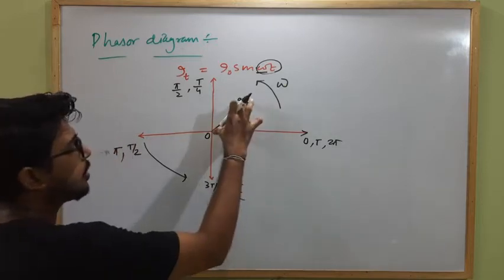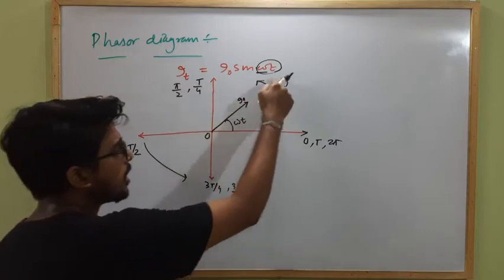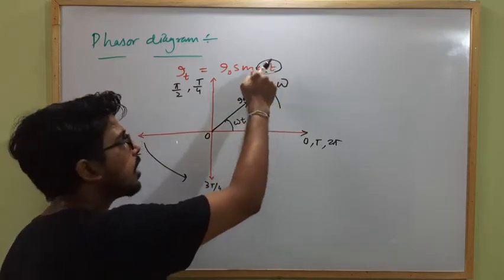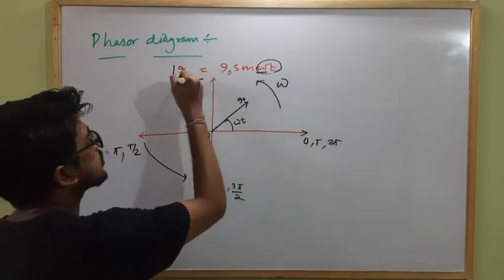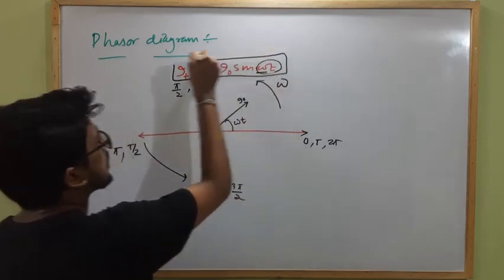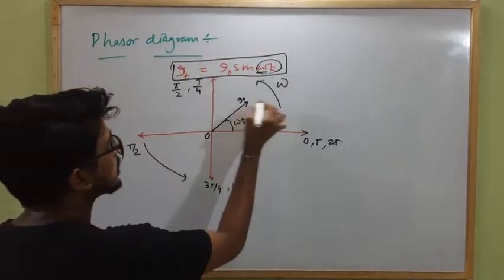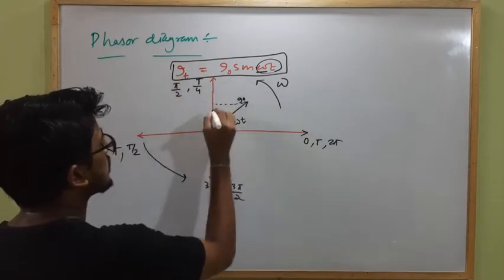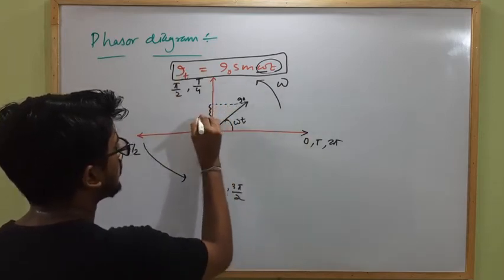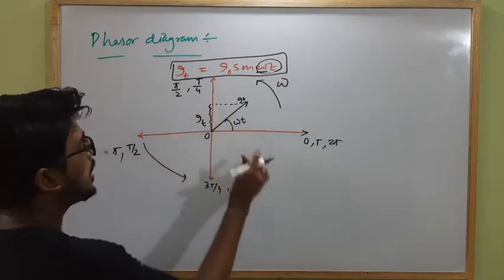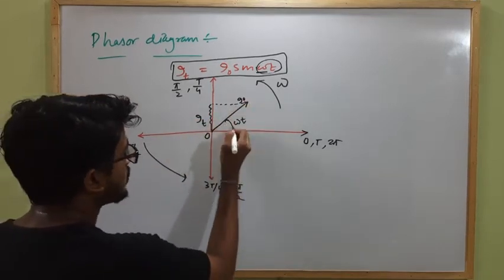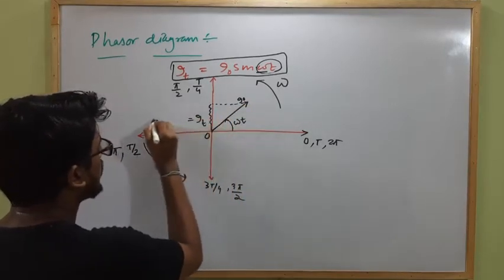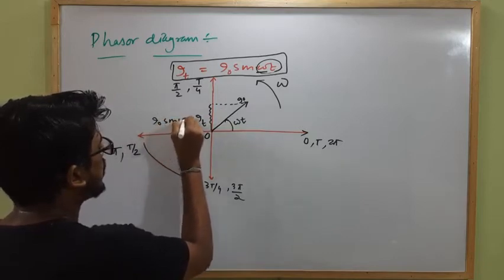So the vector is rotating with angular velocity omega, which is equivalent to the angular frequency of the sinusoidal function, and its projection on the vertical line at any instant gives the instantaneous value. This is the vertical projection; because this is I naught and this angle is omega t, the projection will be equal to I naught sin omega t.